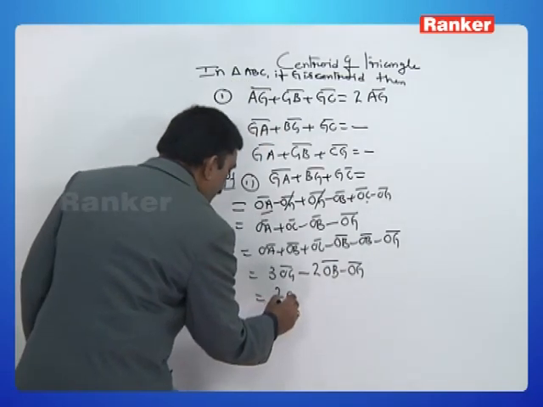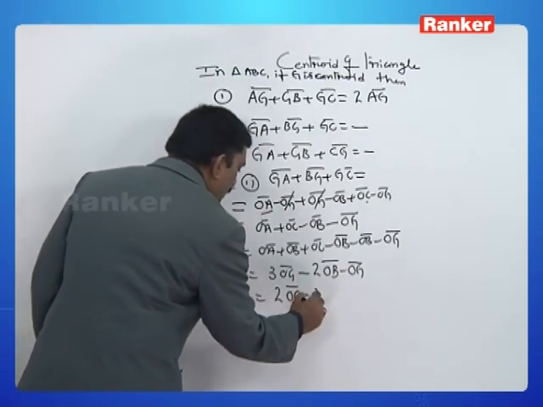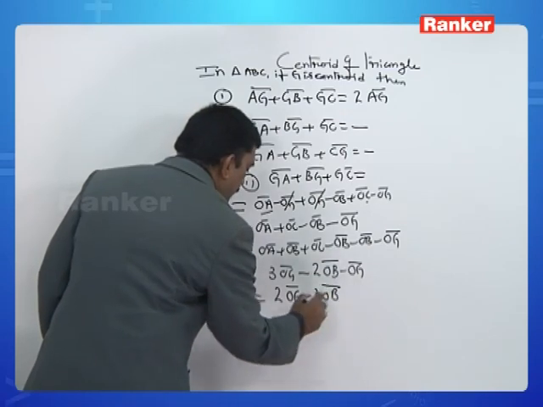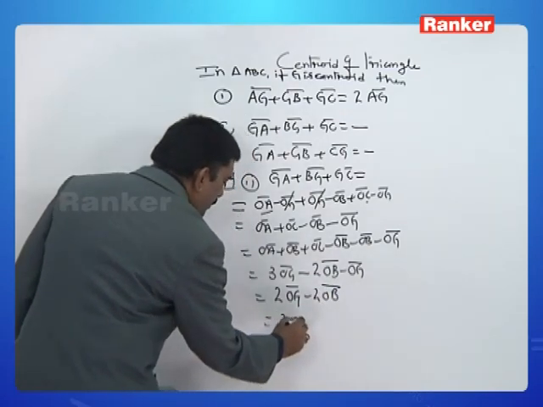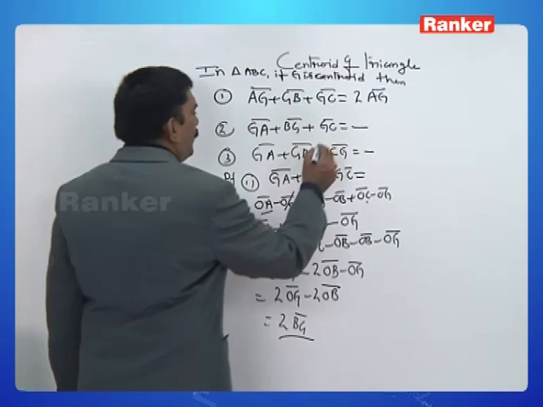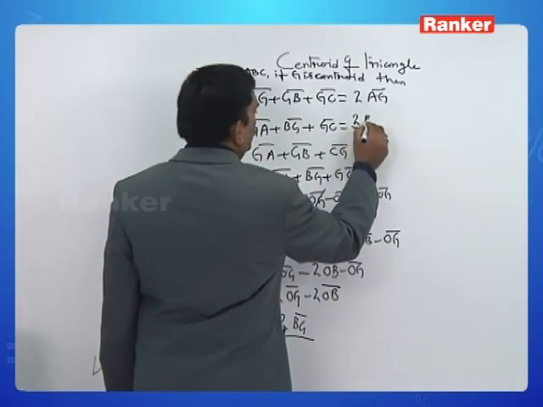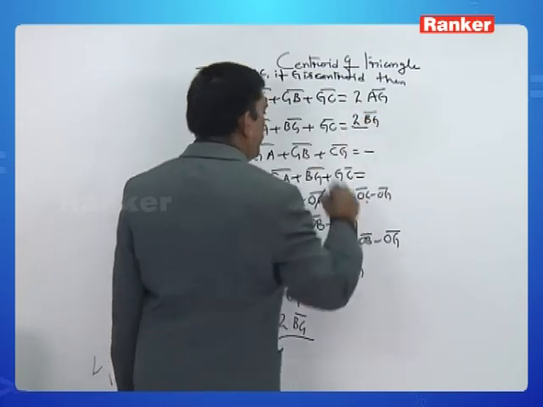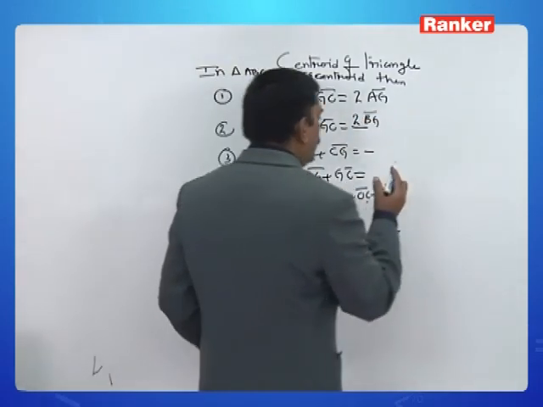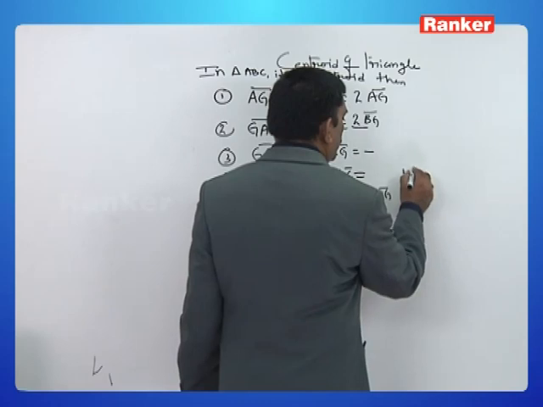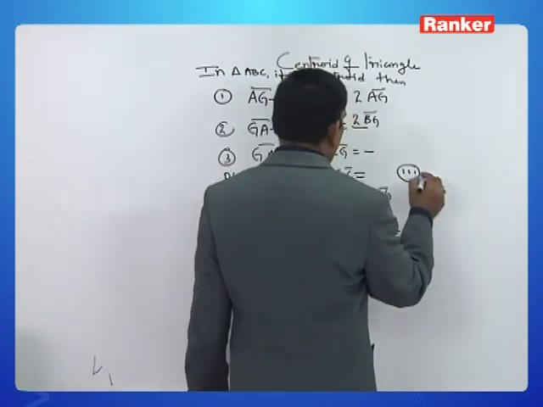Therefore, this is equal to 2 into OC bar minus 2 into OB bar, 2 into what? BC bar. Yes, we have proved this value is equal to 2 into BC bar.